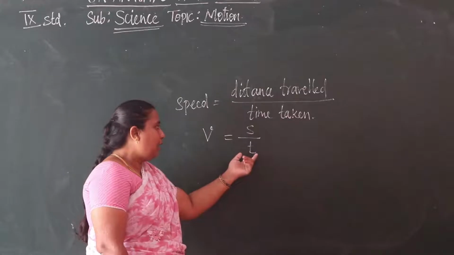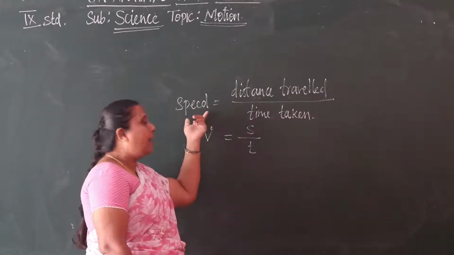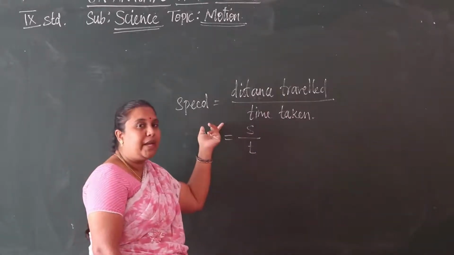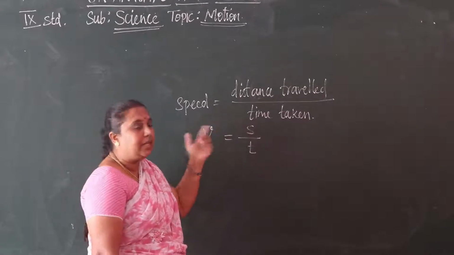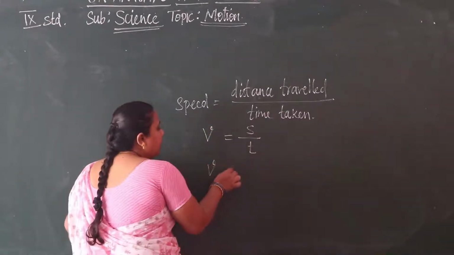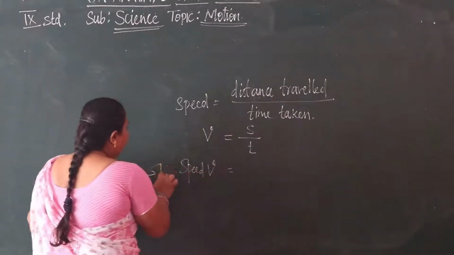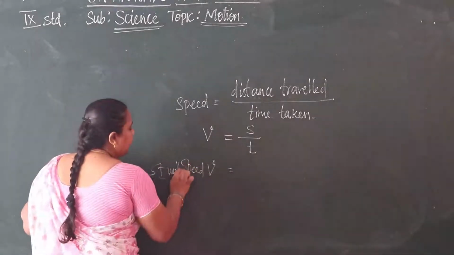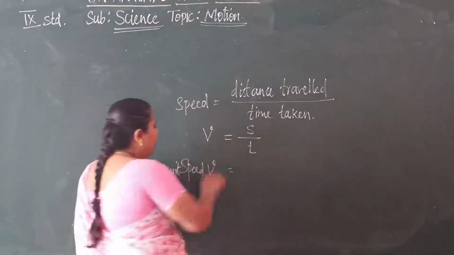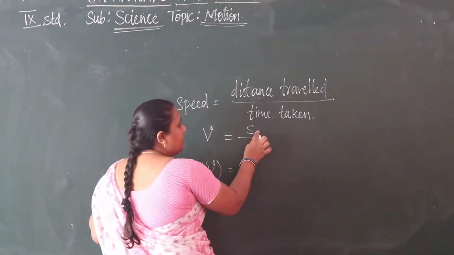Now let us see what the SI unit of speed is. SI unit of speed equals distance by time.